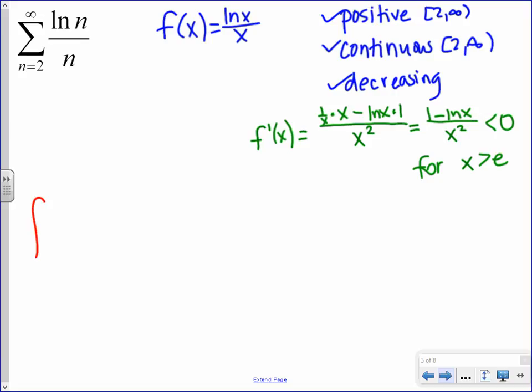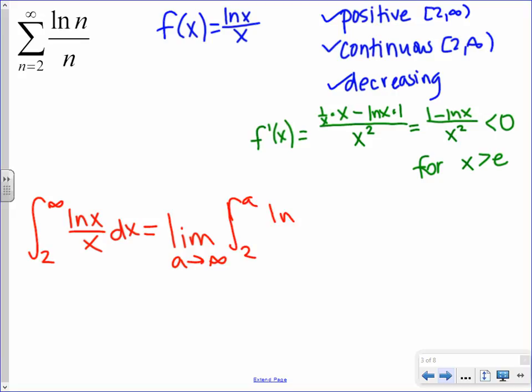we have the integral from 2 to infinity of the natural log of x over x dx, which we then will have to rewrite as the limit as a approaches infinity of the integral from 2 to a of natural log of x over x.